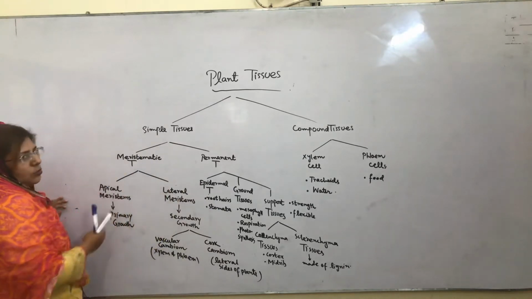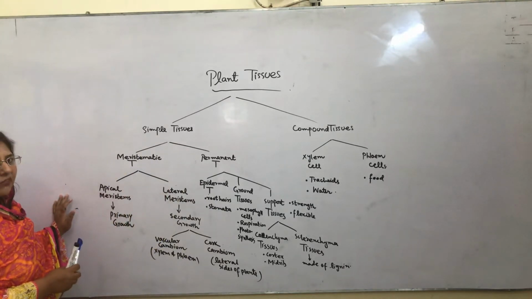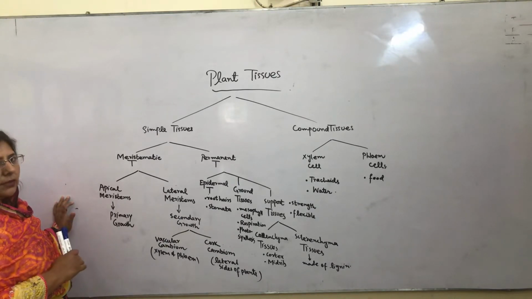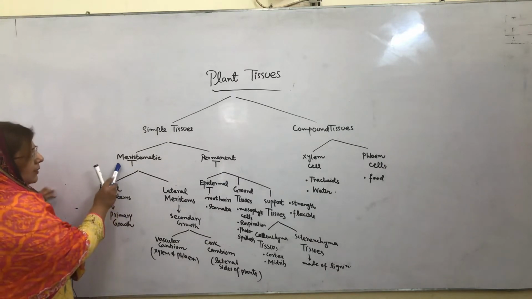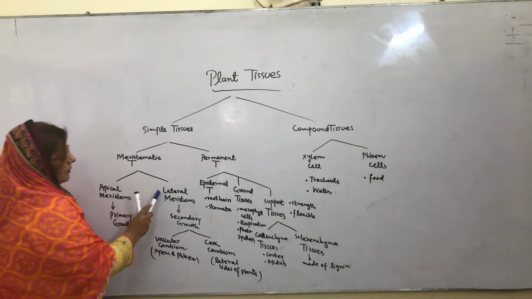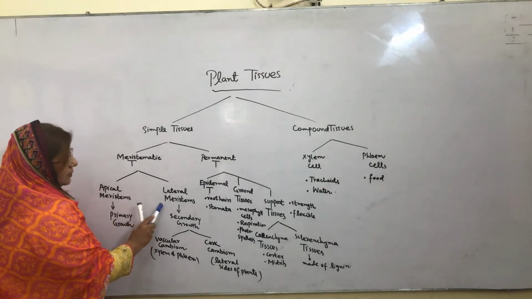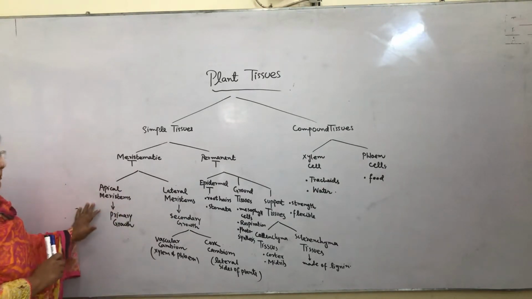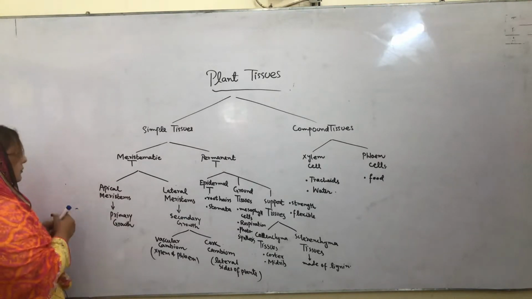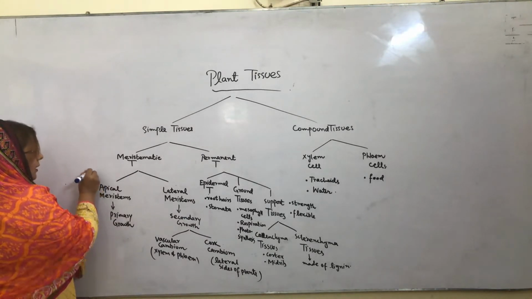Meristematic tissues are those tissues which are produced in the upper layer of the leaves, which is called the epidermis. Meristematic tissues are further divided into apical meristems and lateral meristems. The word apical comes from the word apex.